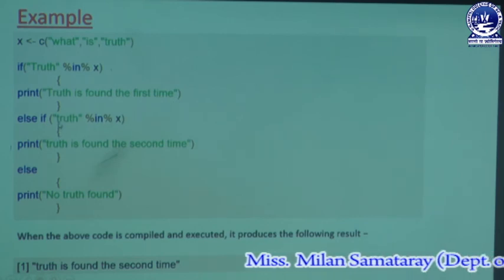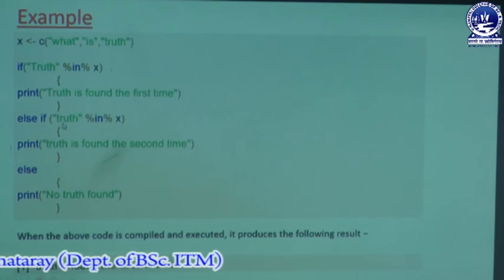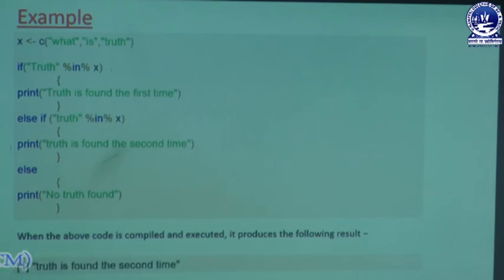And as I have told you, this string and this string are both different. So now it will go for checking this syntax, whether the string starting with small t belongs to the vector x or not. If it is true, then it will execute these statements, and if both of these conditions are false, then it will go for the else block statements.